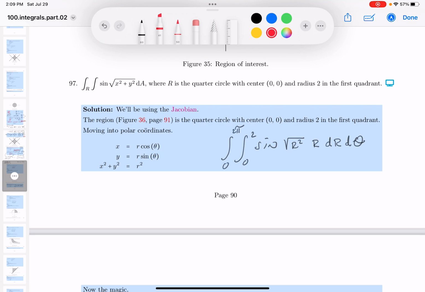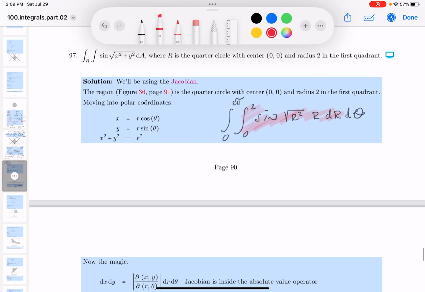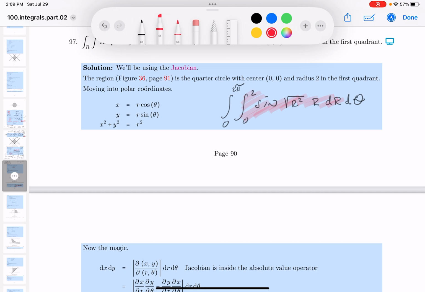Can I do the integration? I think so. But by the way, we're using a Jacobian to do this. But again, it's becoming more and more familiar to do more and more problems. What do you get over here? Let me write this down, 0 to 2, sine r, r is a non-negative number, so it's going to be sine of r dr. What's that going to be equal to?